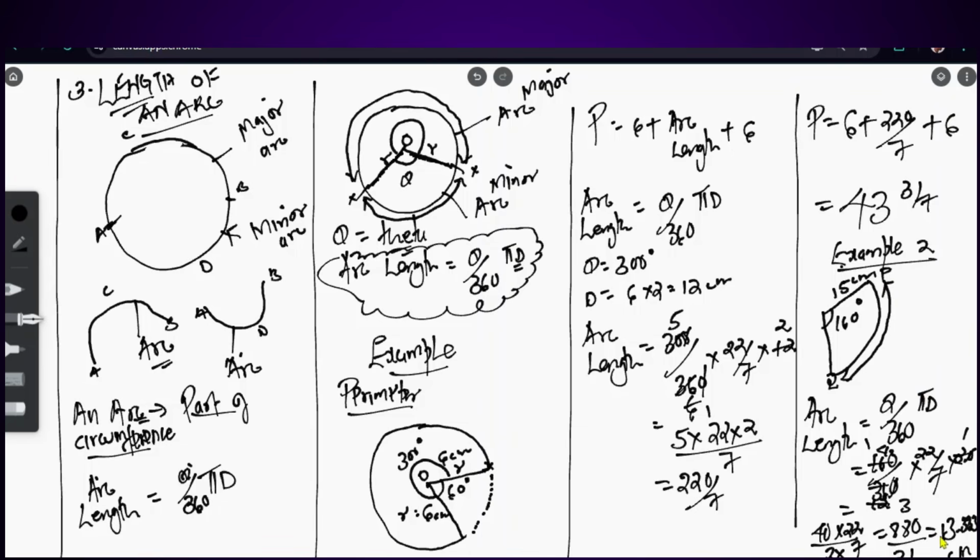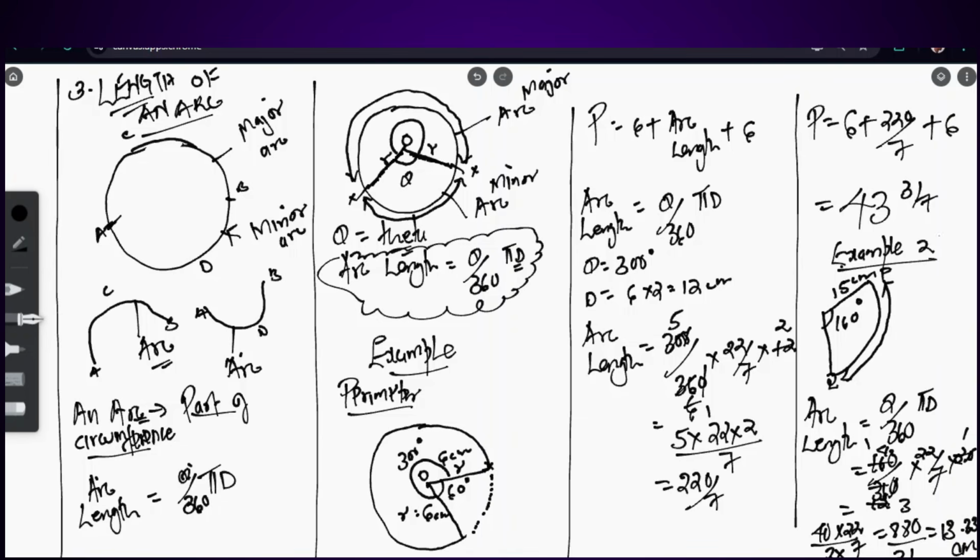If the units here are in centimeters, so I have 13.33 centimeters. So that is how we get the length of an arc. All right. So we have that one. We'll have more examples later for that.